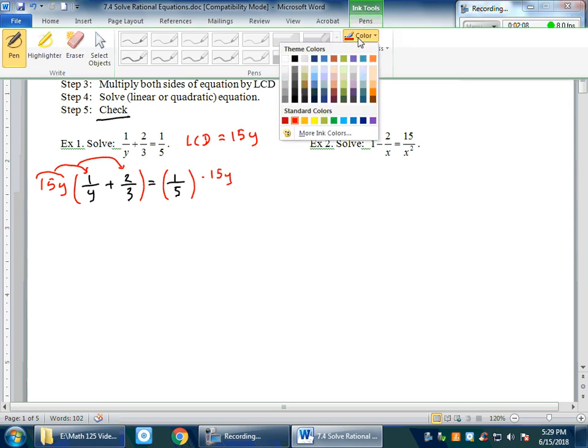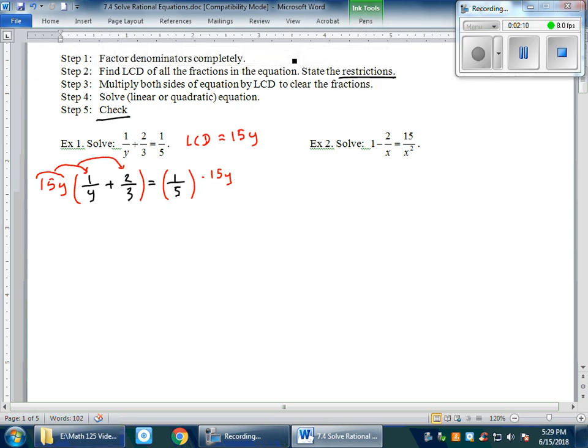Like we did previously, 15y times 1 over y, that is over 1. So y and y cancel out, and we are left with 15. The second term, 15y over 1 times 2 over 3: 3 goes into 3 one time and 3 goes into 15 five times. So 5 times 2 is 10y.